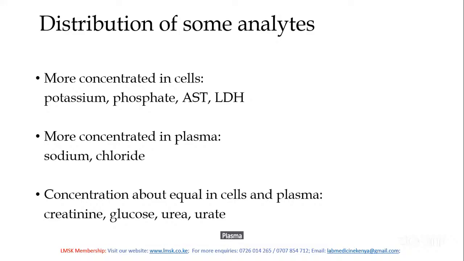What we are measuring normally is what is in the plasma, and the reference range we have is what is in the plasma. If you let the blood stand for quite a longer period, there is a tendency of potassium shifting from intracellular to the plasma, increasing the levels of plasma potassium.